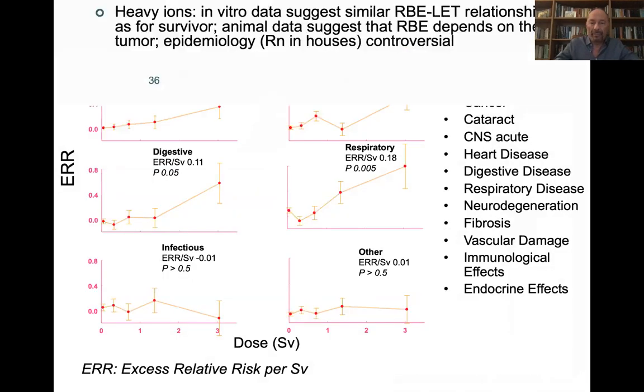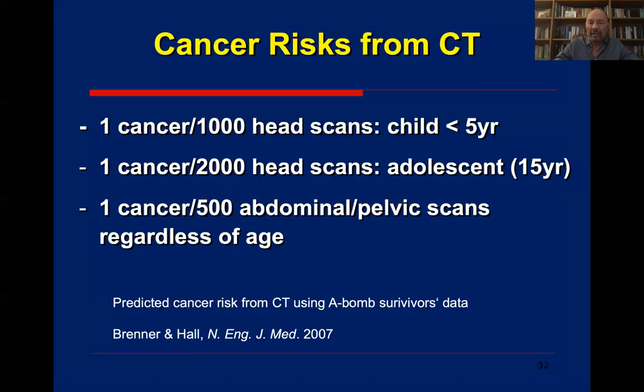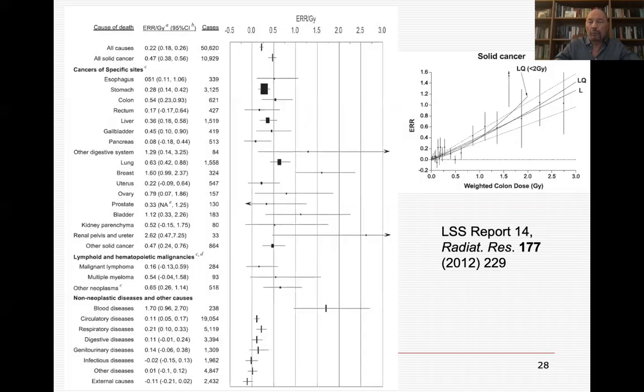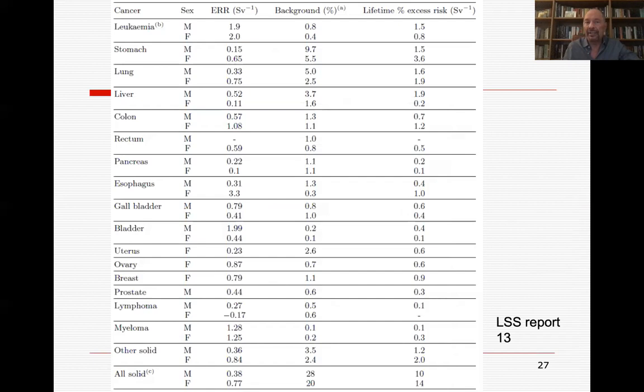You remember, let me go back for a second to this slide that shows you how to calculate. Let's take, for example, colon cancer. For females it is 1% per sievert. If you multiply by a background of 1.1%, you get a lifetime excess risk of 1.2% per sievert.